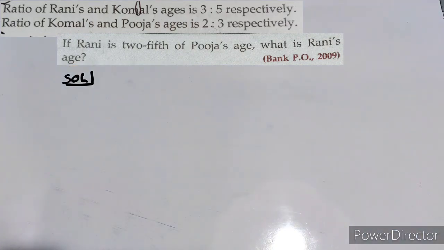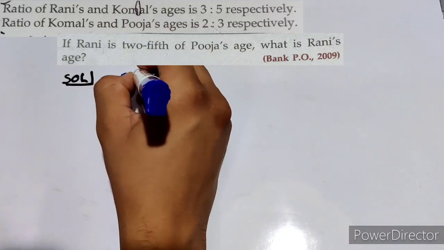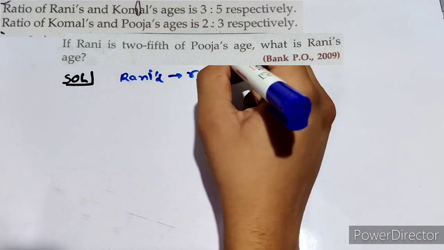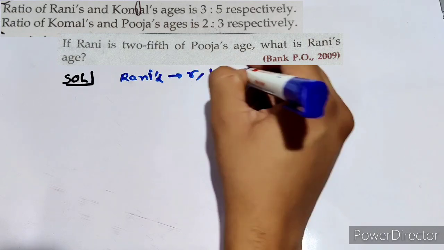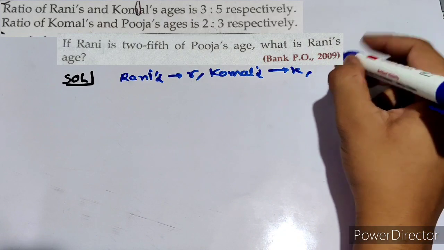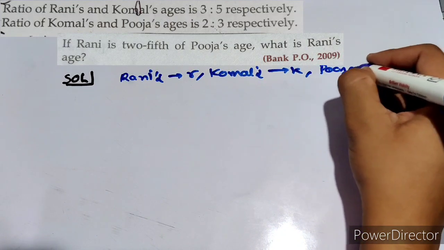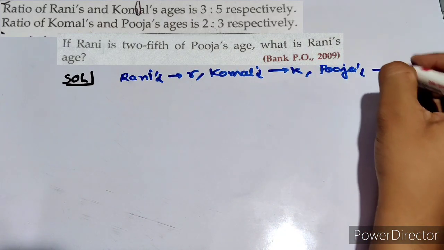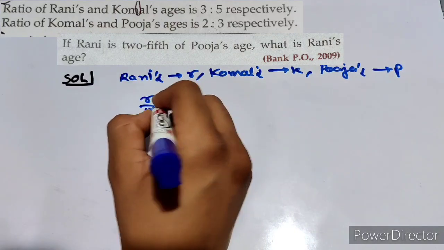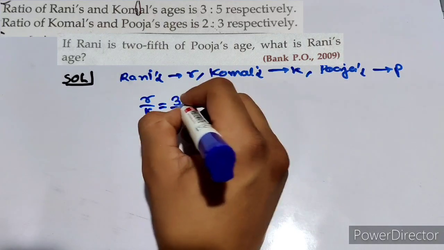The ratio of Rani's and Komal's ages is 3:5 respectively, and the ratio of Komal's and Pooja's ages is 2:3. So let us take Rani's present age R, Komal's age K, and Pooja's age P. So it is given that R is to K is equal to 3:5.